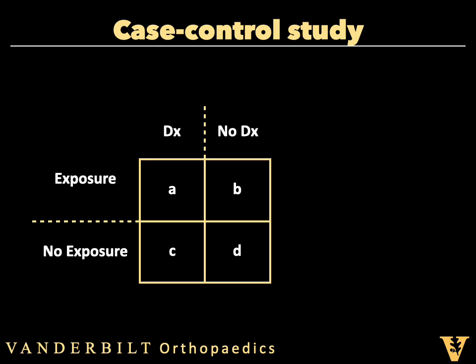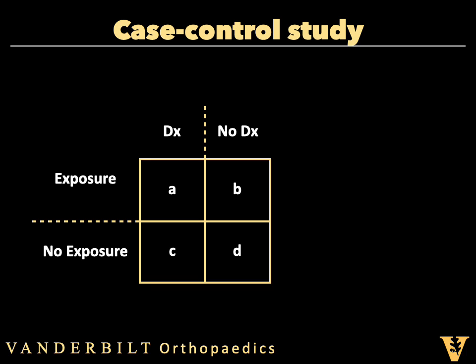Instead, we are going to see case control studies that are looking at the presence or absence of a finding at the same time as the gold standard. So that is why case control studies can be both observational and cross-sectional. So where it says exposure and no exposure, just imagine that says test positive and test negative.